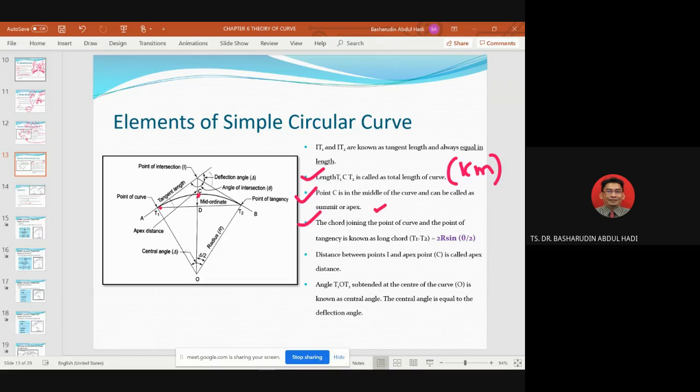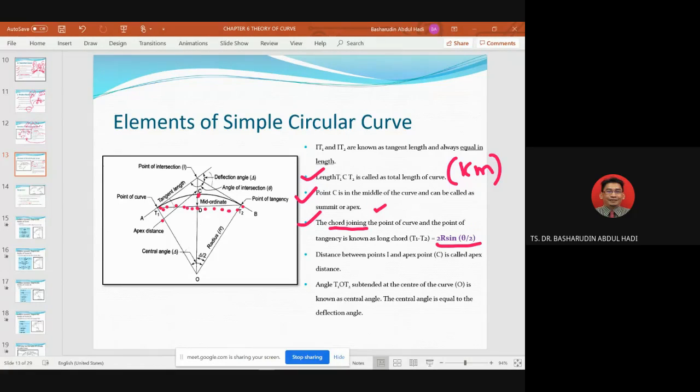The chord joining the point of curve and the point of tangency is known as the long chord, T1 to T2. This one, T1 to T2. So we call this the chord joining. The formula is 2R sine theta over 2.